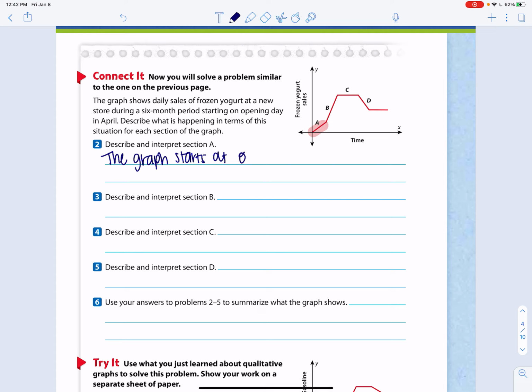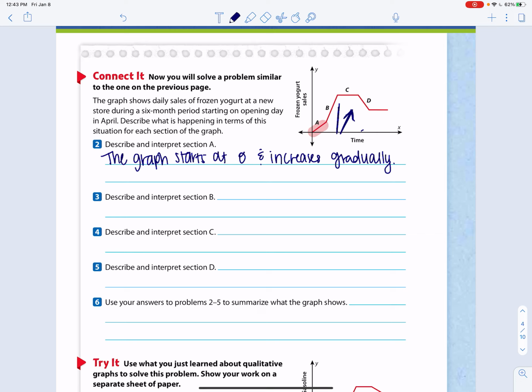And it increases gradually. We know it increases gradually because if it was steep, it would go almost straight up, or have a harsher slope, it would be steeper that way, meaning that it had a greater slope.